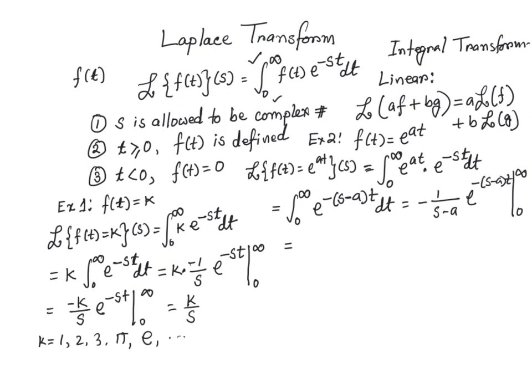Then the minus and this minus together make it positive. At t equal to 0, e to the power 0 is 1, so your answer is just 1 over s minus a. So the Laplace transform of e to the power at is nothing but 1 over s minus a.